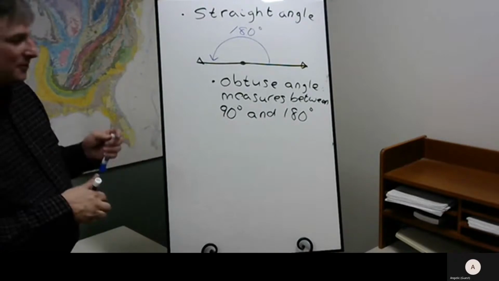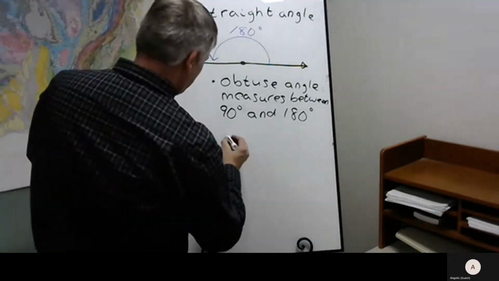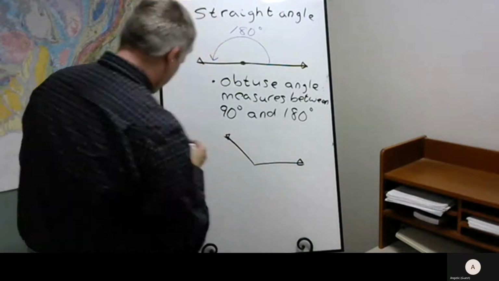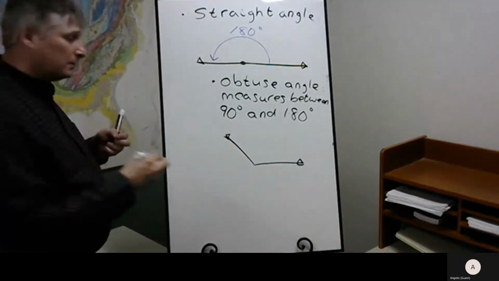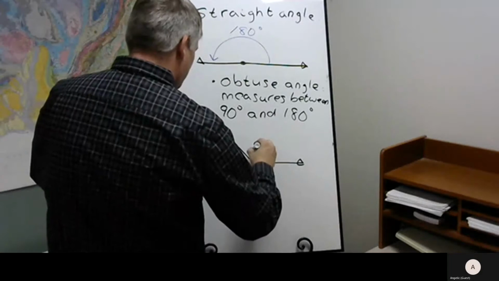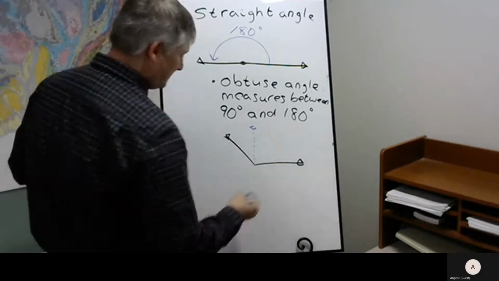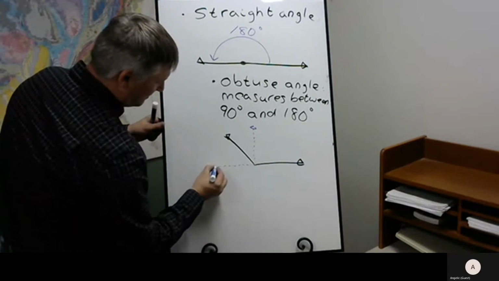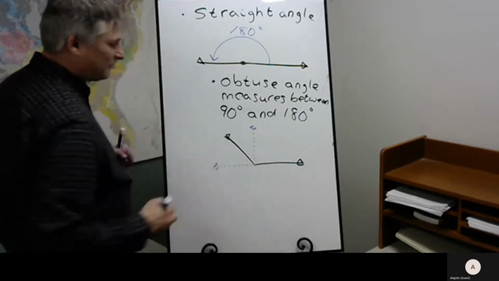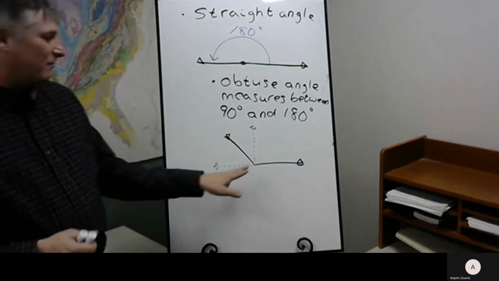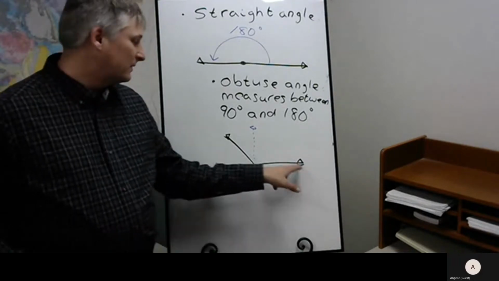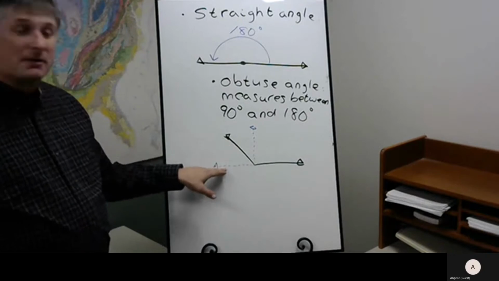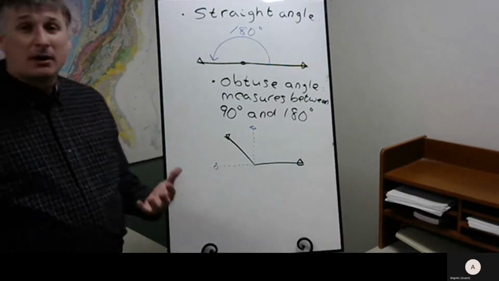So it would be something like this. And so, sort of invisibly, this is the 90-degree angle. From here to here, this would be the 180-degree angle all the way over. So you have one side of this angle and another side over here between the 90-degree and then the 180. So this is your obtuse angle.